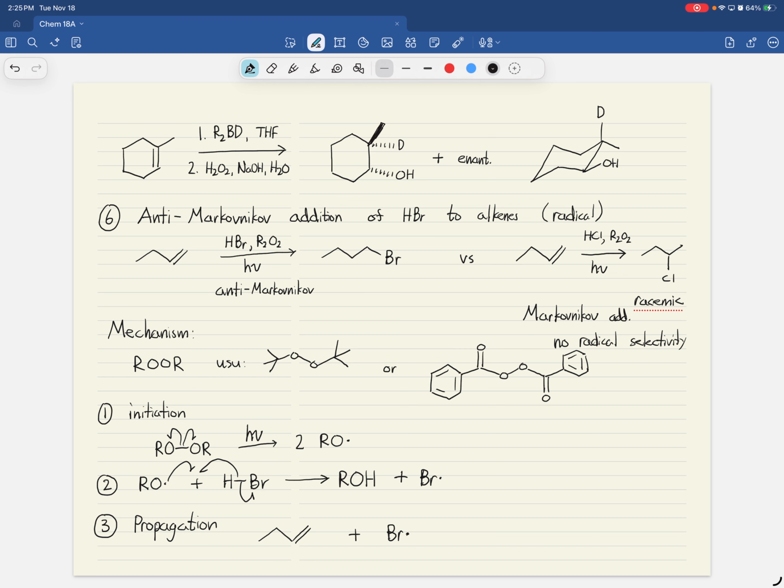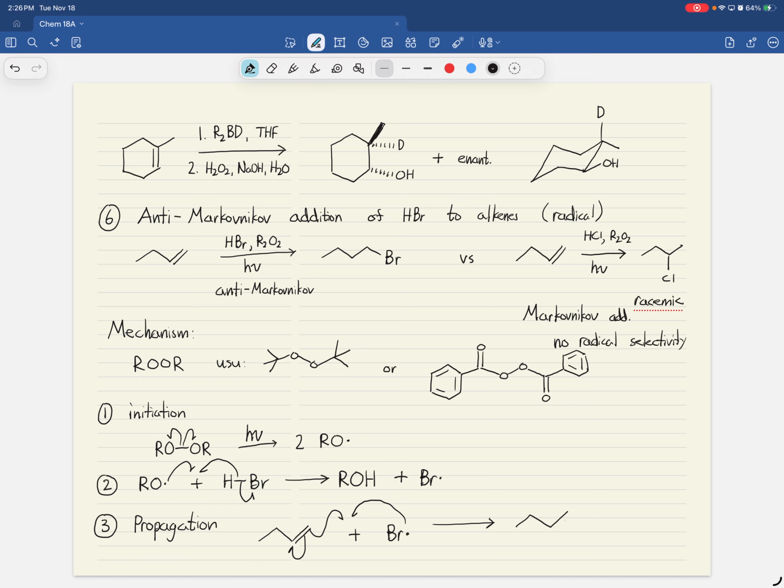So if we attack from this side, where does the radical end up at? The other carbon. Now imagine we have this. All right, so this gives you... what if we attack the other side?